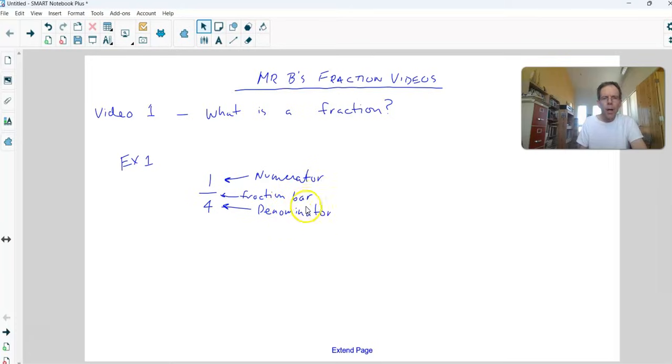We're going to have like some whole thing, whether it be a pie or a piece of a number line, something like that. And we're going to divide it up into a certain number of equal pieces. And that's what the denominator is telling you. So the denominator is how many equal pieces we're dividing something up into.